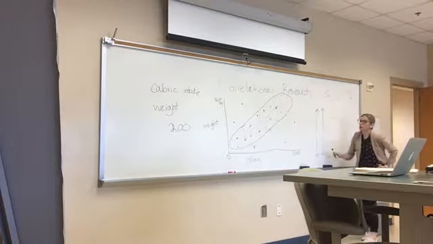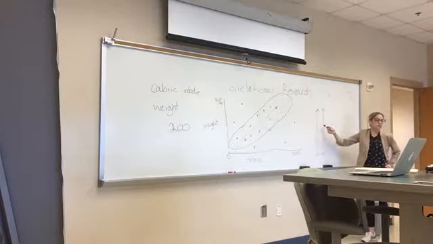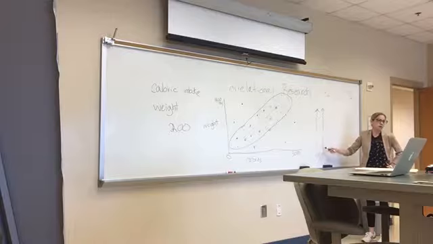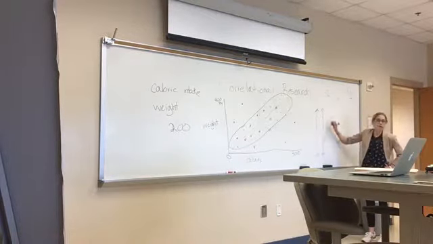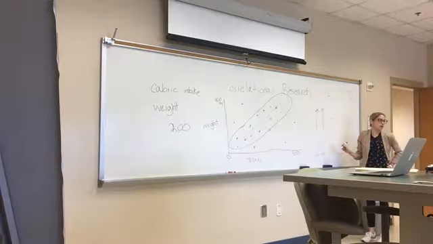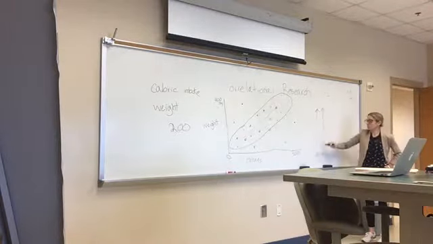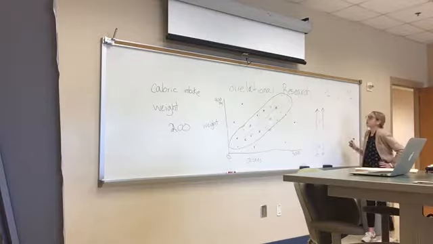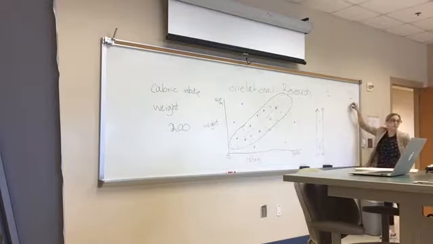So either an increase in calories causes an increase in weight, or a decrease in calories causes a decrease in weight. Okay, either way, our variables are going in the same direction. Do we agree? So multiplying these variables would give us a positive number in either case. Do we agree on that also? Okay. So we know we're going to have a positive number.